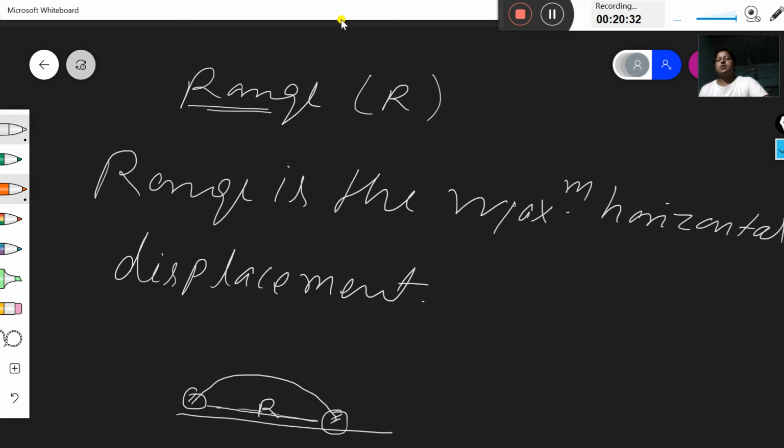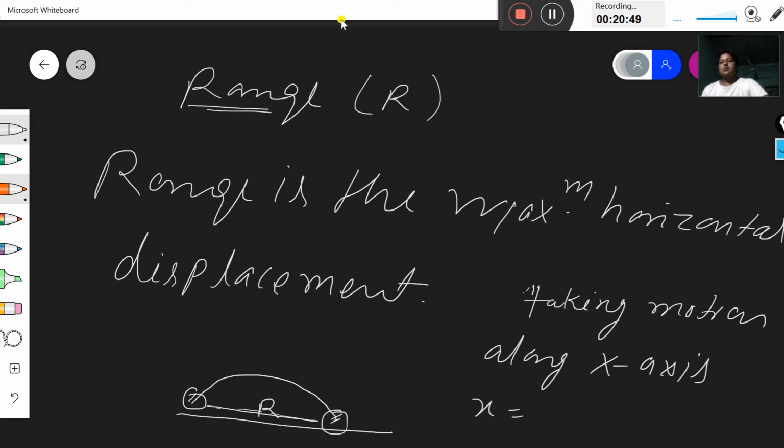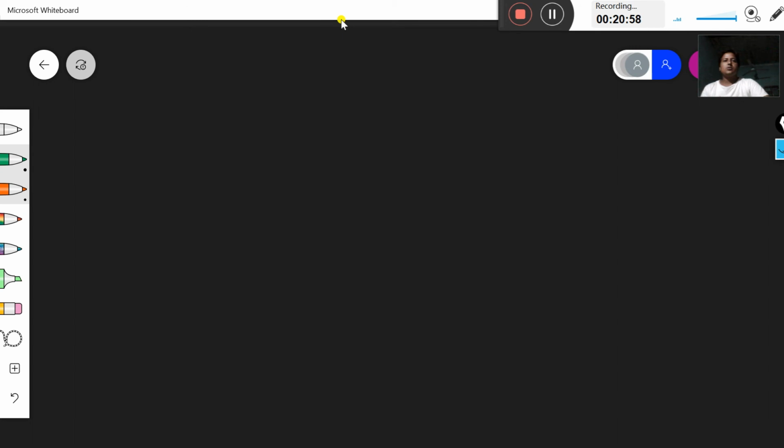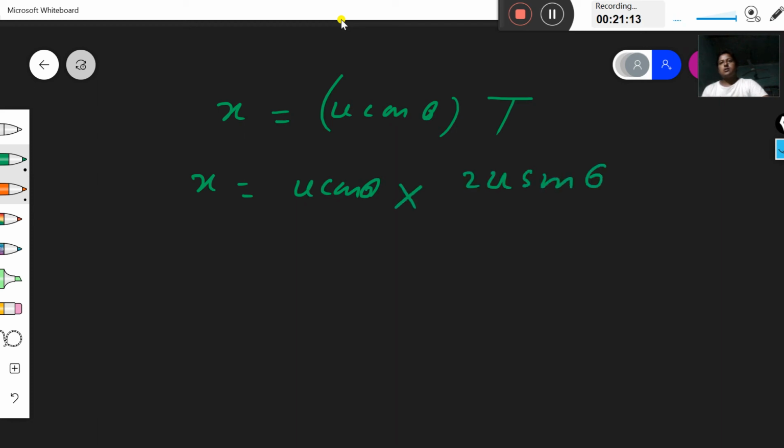How can we calculate R? Taking motion along the x-axis, x equals ux into t. So x equals ux, which is always u cos theta, and time is time of flight. X equals u cos theta times 2u sin theta over g.